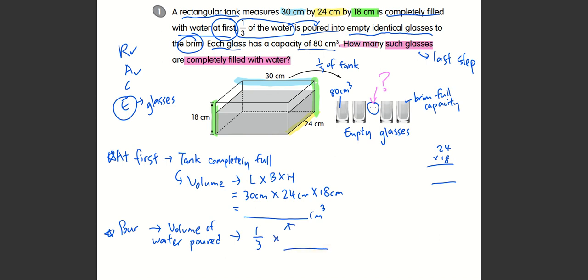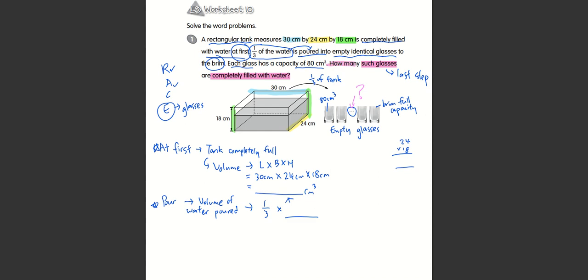And that will give you the amount divided by 3, in cubic centimeters. So I use this amount here, and then divide by 3. That will give me that 1/3.